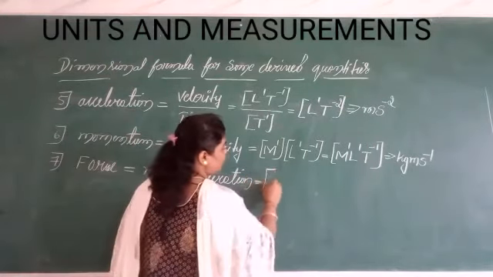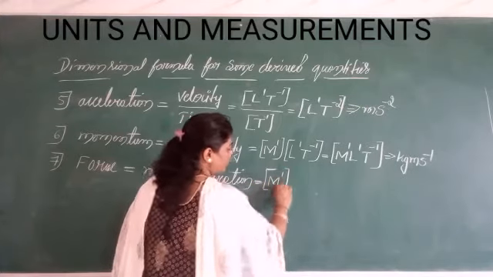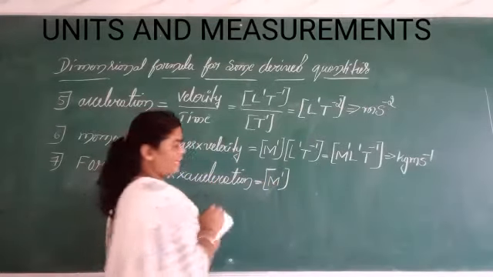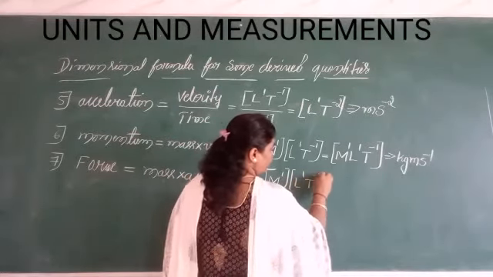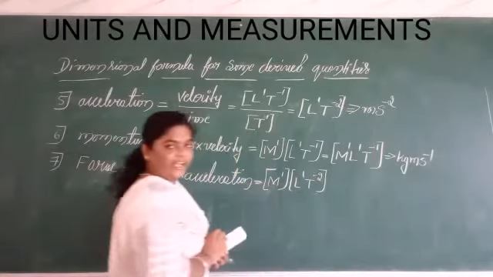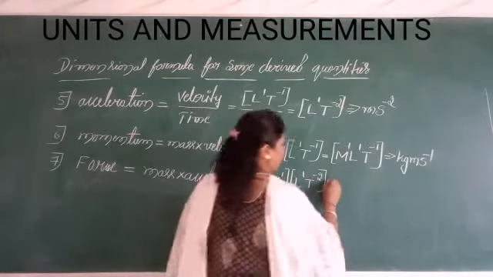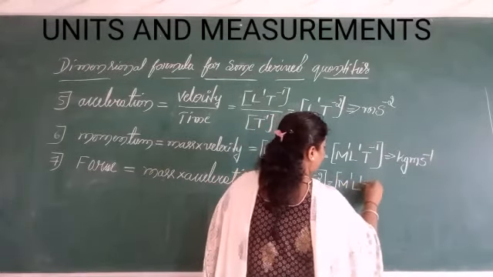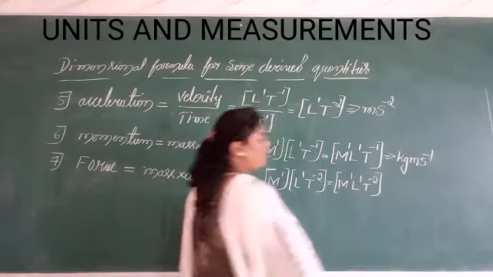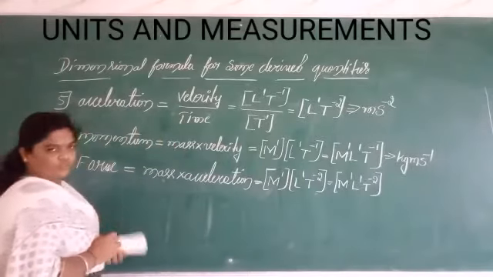So mass has dimension m, and acceleration we have already found: L1 t minus 2. Combining, m1 L1 t minus 2 is the dimensional formula for force.